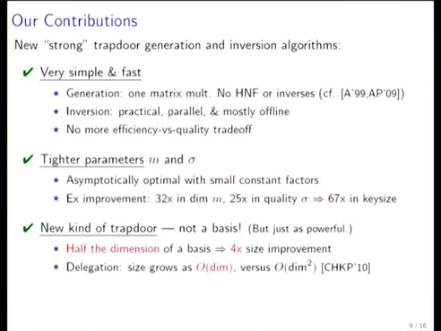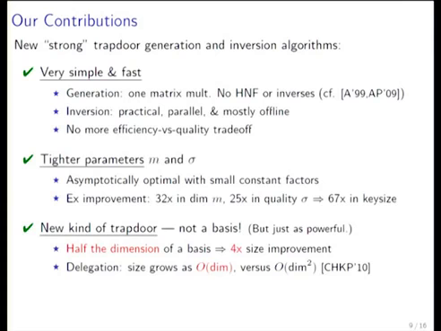Key generation consists of a single matrix multiplication, while previous methods required complex algebra, Hermite normal form computation, and other polynomial time algorithms which are not quite practical. And the inversion is also very, very simple and practical. It is parallelizable.